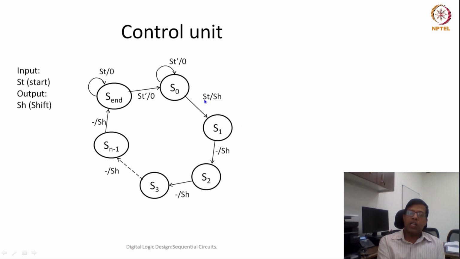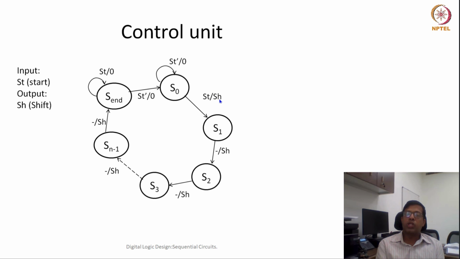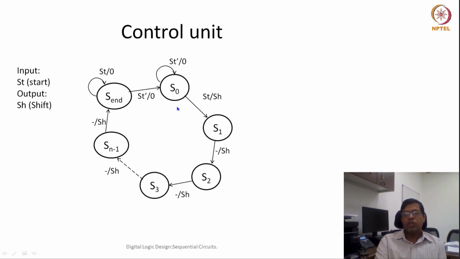Writing the variable name has another advantage when the number of inputs and outputs is a little more than 1. Another thing: if I would like to implement this state machine, you will see that we can implement this easily using a modulo n plus 1 counter.